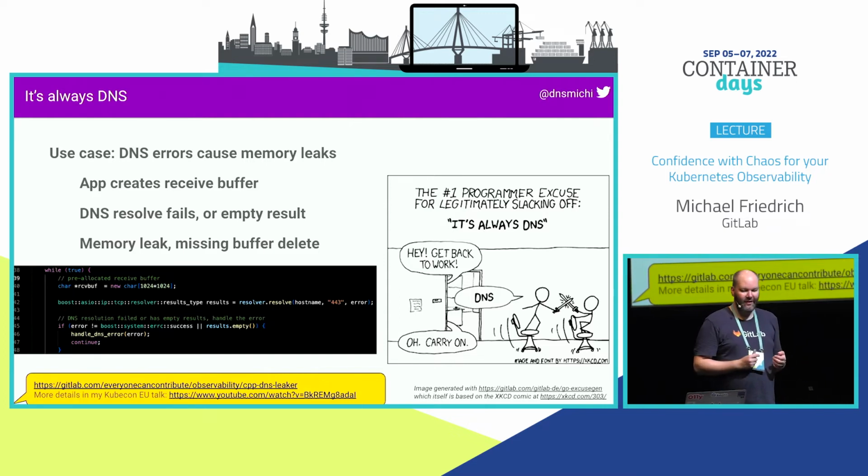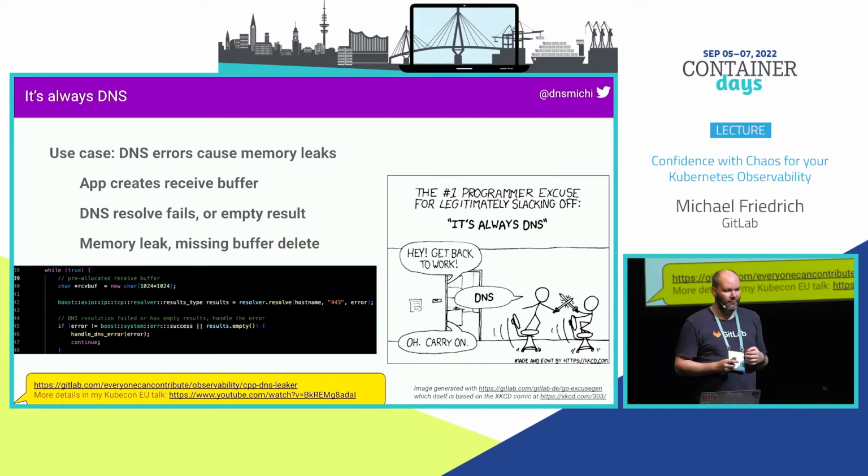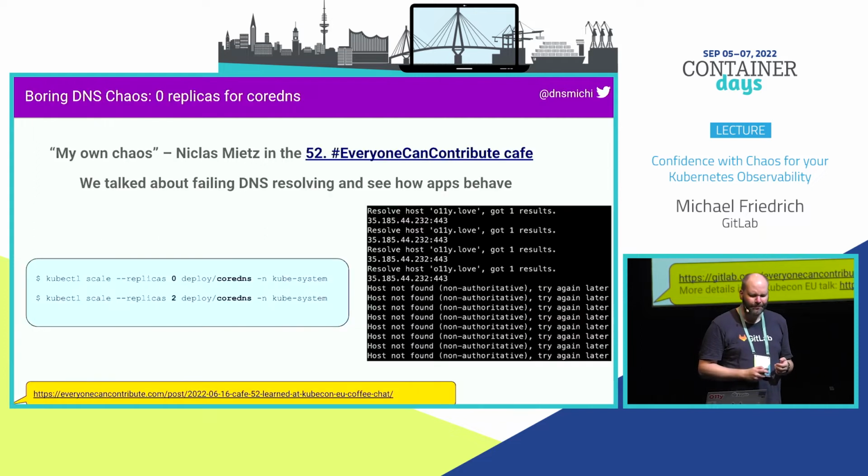And it got me thinking, well, maybe I can write a short application which simulates that behavior, just using a receive buffer, which is like 1 megabyte, and doing some DNS resolving, and handling all the errors, and not freeing the buffer, so we are leaking this intentionally.